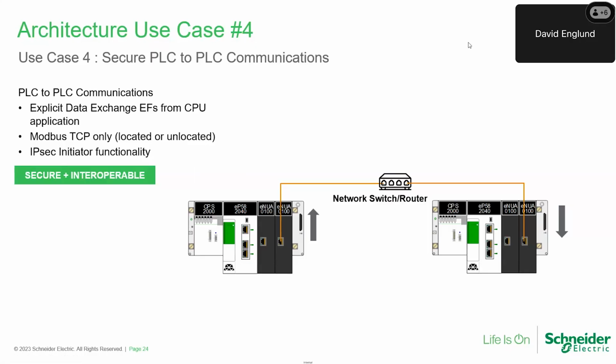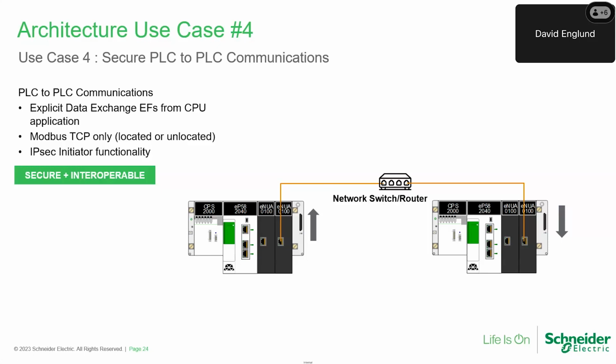All right, so now we're going to look at architecture use case number 4, which is secure PLC to PLC communications. The BME NUA can be used for PLC to PLC communications utilizing our standard explicit data exchange function blocks with Modbus TCP. This can be done using located or unlocated variables.